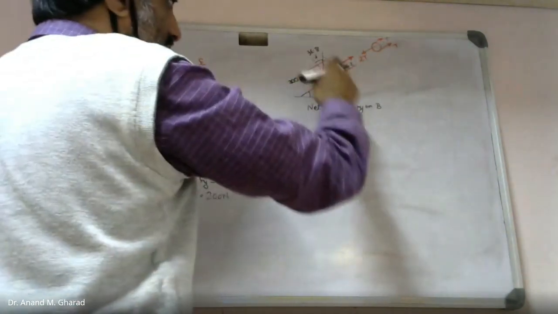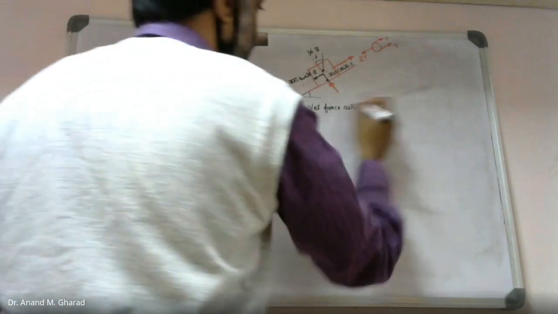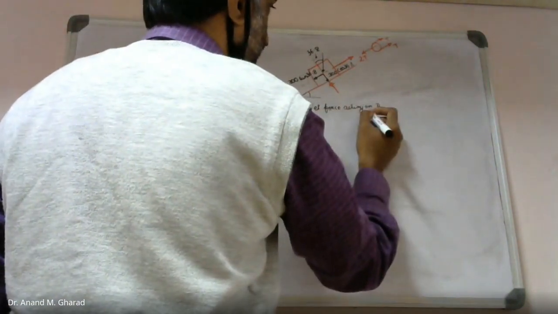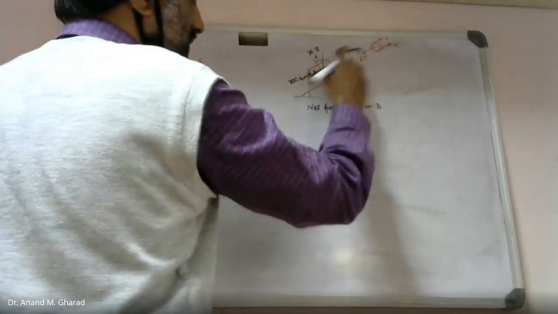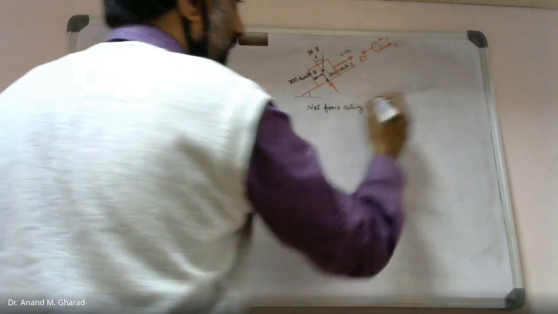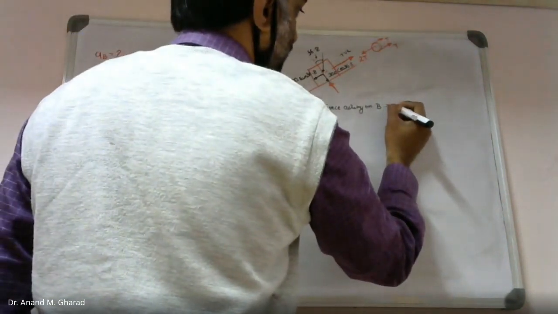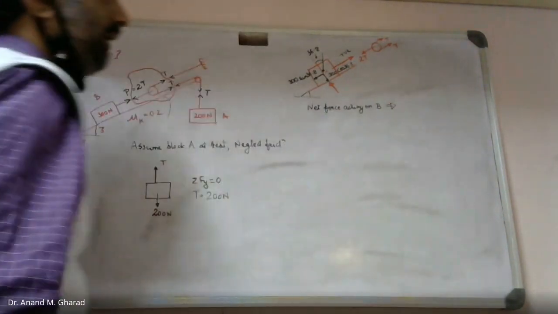It won't move in the vertical direction. So net force acting on B, in this direction I will assume to be positive, and this side to be negative. Can you please let me know what will be the net force acting?